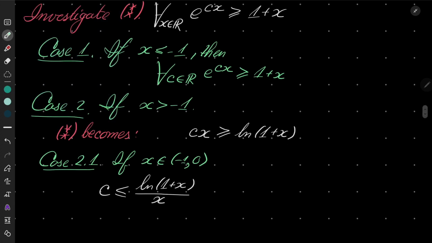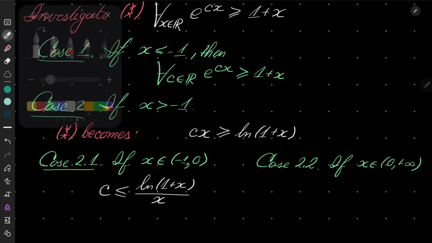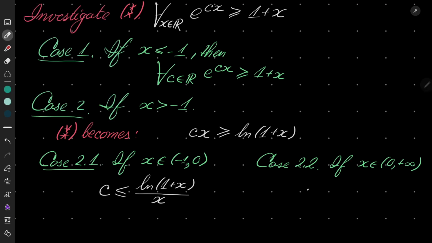Case 2.2, if x's are positive numbers, then we divide by x and c should be greater than or equal this. What happens if x equals 0? Well, if x equals 0, on the left hand side we have 0, and on the right hand side we have 0 as well, so nothing special.